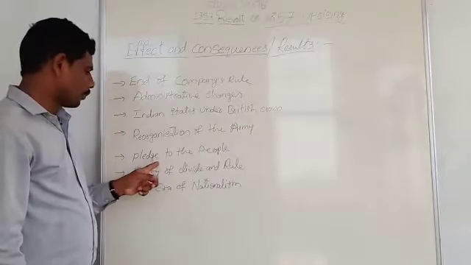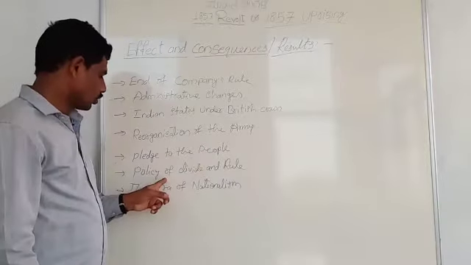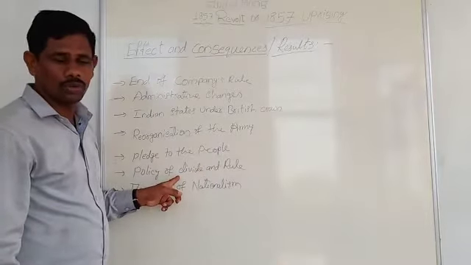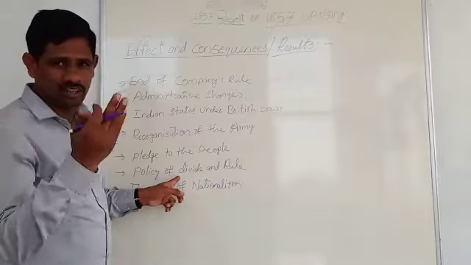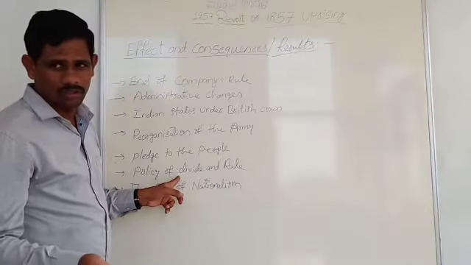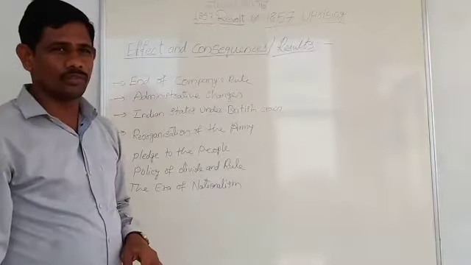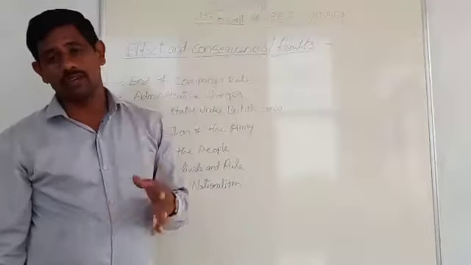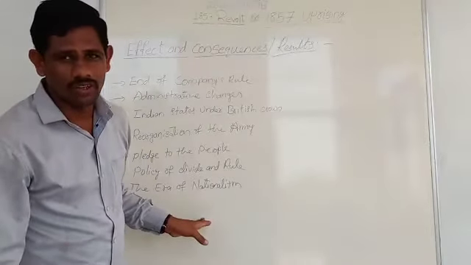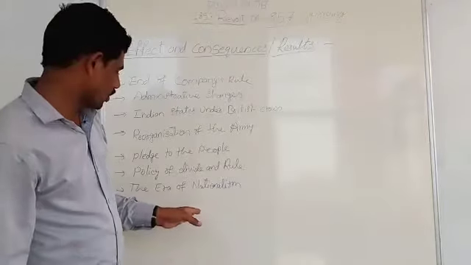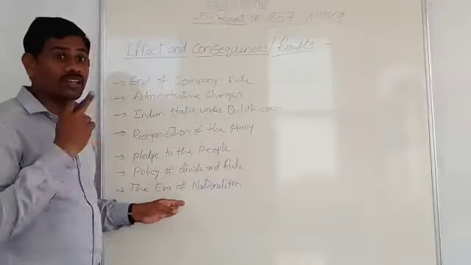Next, the policy of divide and rule: due to this policy, the entire India came under the control of the Britishers. Next, the era of nationalism. The 1857 revolt gave a chance for the rise of the Indian national movement, the era of nationalism.